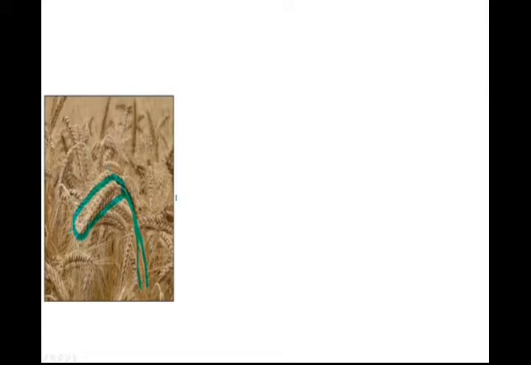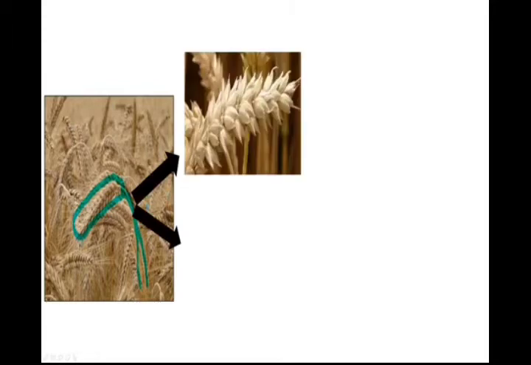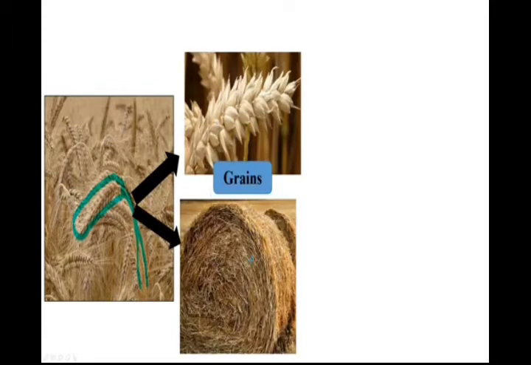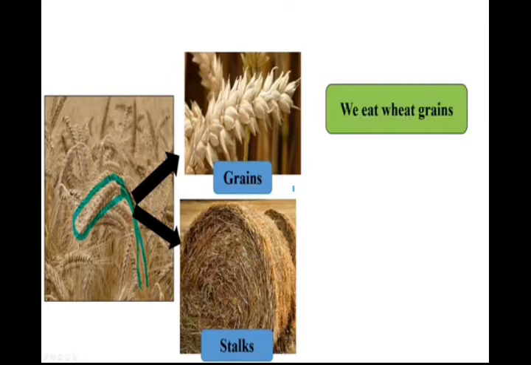So from the stalk, what do you have to do? You have to separate the grains from the stalk. How will you separate this grain from the stalk? Grain is useful and stalks are also useful. Grain we eat as atta, we grind it and eat it.